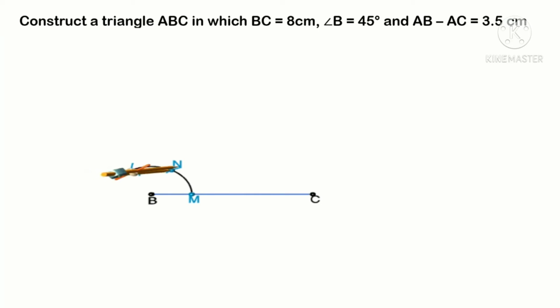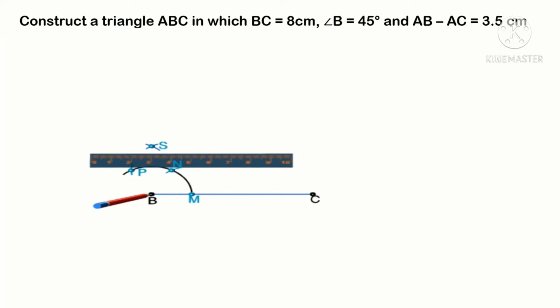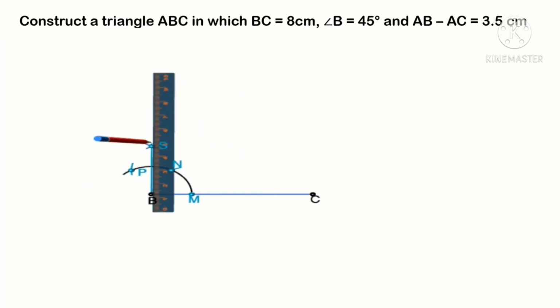For my convenience, I have named these points. Now we'll bisect the gap between P and N, and this is giving us an angle of 90 degrees. I hope you remember how to draw an angle bisector. For that, you can check my previous videos. So this is an angle of 90 degrees.